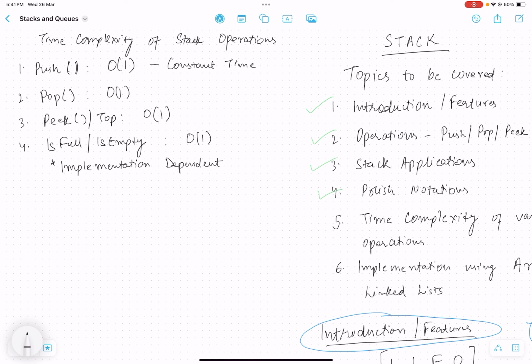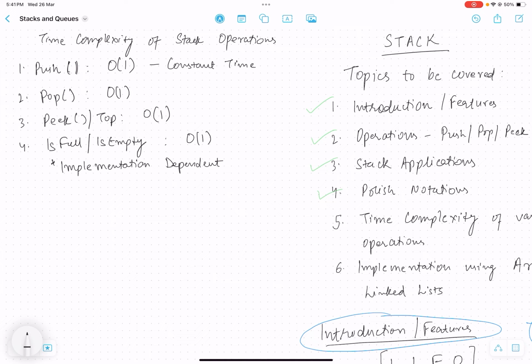If it is 0, you can say stack is empty. And if it is equal to the max capacity, you can say it is full. So it is implementation dependent, and most of the implementations do have this as a member variable present, by which you can tell whether the stack is empty or full.